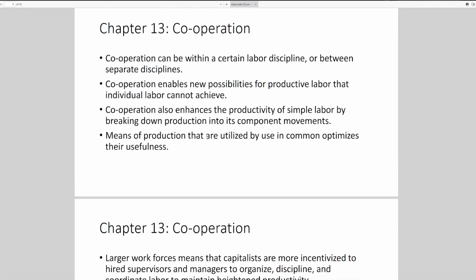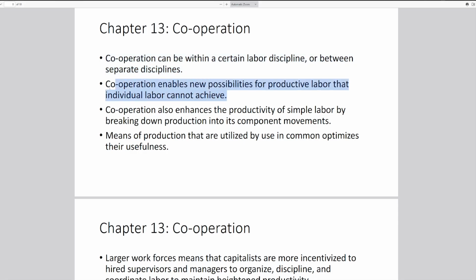All right, next is cooperation. He's going to talk a bit about different kinds of cooperation that you might expect to find. For example, we can have cooperation within a certain labor discipline or across separate disciplines, so different types of labor.